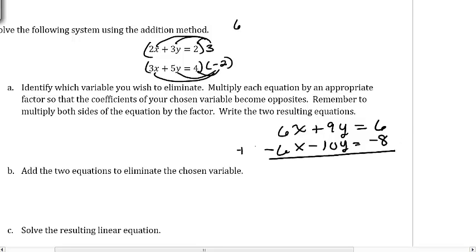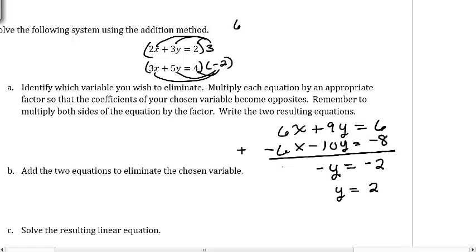Then we're going to add these two equations together. 6 and negative 6 is 0, so you don't even need to write that down. Then 9y minus 10y will give you a negative 1y, and 6 plus a negative 8 is negative 2. So we have negative y equals negative 2, which means y equals positive 2.